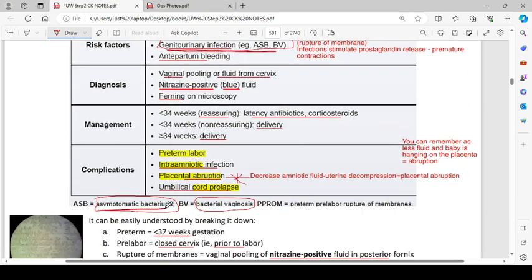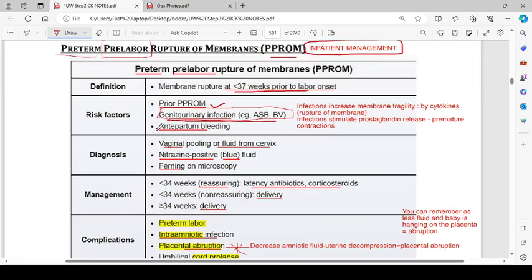ASB is asymptomatic bacteriuria and BV means bacterial vaginosis. Antepartum bleeding. Infections increase membrane fragility by cytokines, which lead to rupture of membranes. Infections stimulate prostaglandin release, which also causes premature contractions. So with cytokines there is rupture of membranes, and with prostaglandins there are premature contractions.